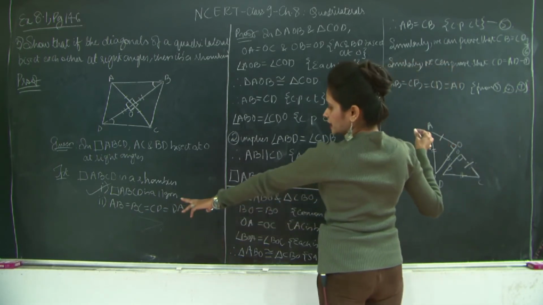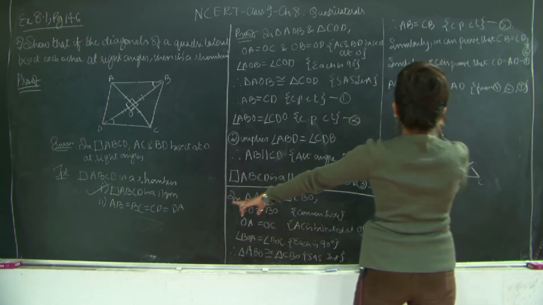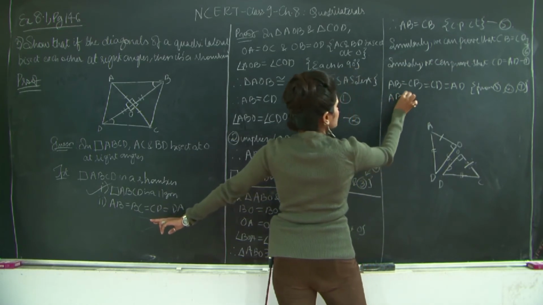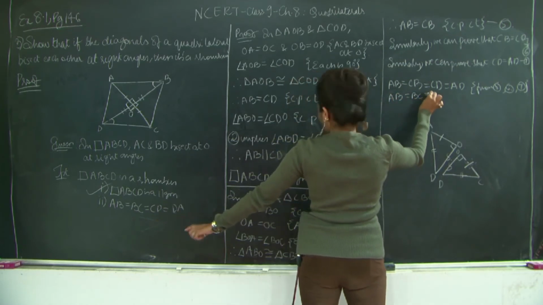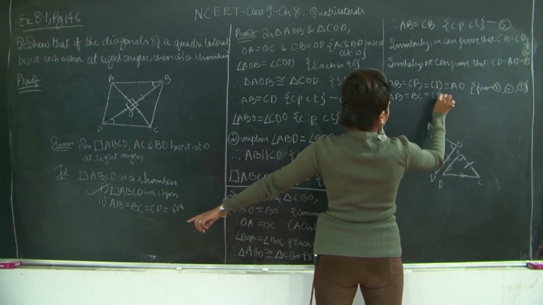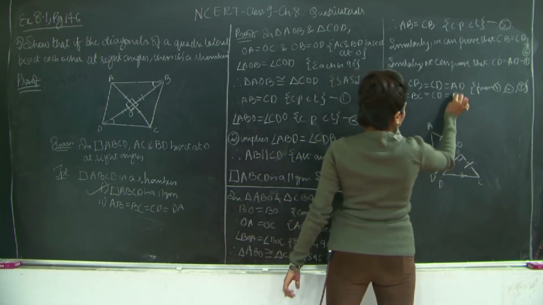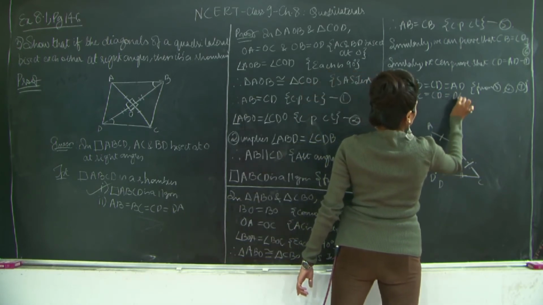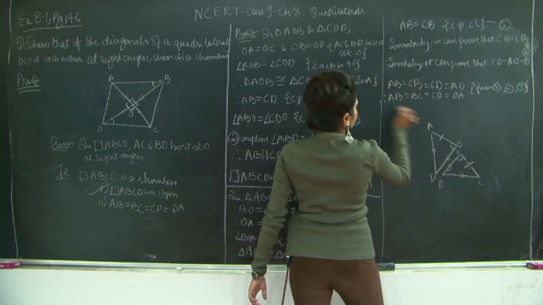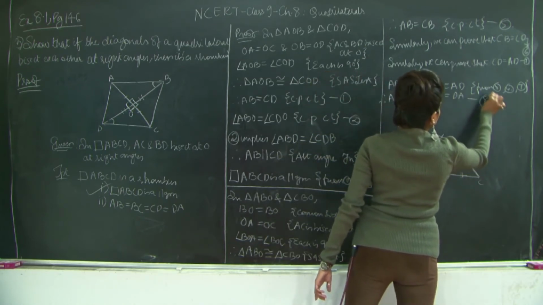What is the requirement? AB is equal to BC is equal to CD, which is equal to DA. So I'm keeping AB as it is, I'm rewriting BC, I'm keeping CD as it is, and I'm rewriting AD as DA. Correct? Therefore, and I'll mark this statement as 8.